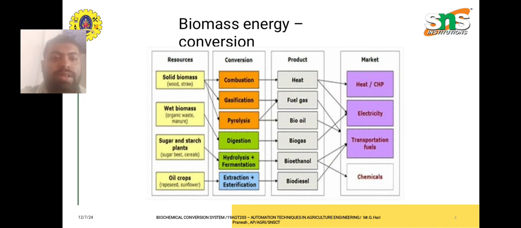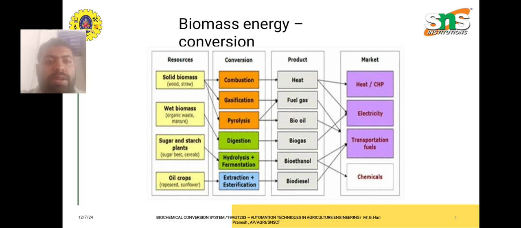For wet biomass, a digestion process takes place, in which we obtain biogas, which is converted into electricity. In sugar and starch, hydrolysis takes place along with fermentation, and because of fermentation it is converted to ethanol, which is then used for transportation fuels. In oil crops like rapeseed and sunflower, oil is extracted and an esterification process happens, which is a reaction of acid and base.